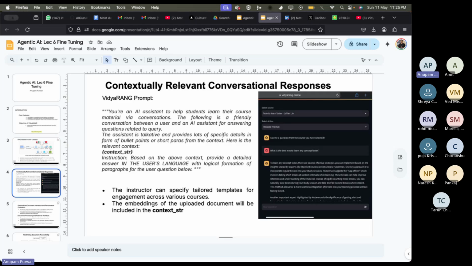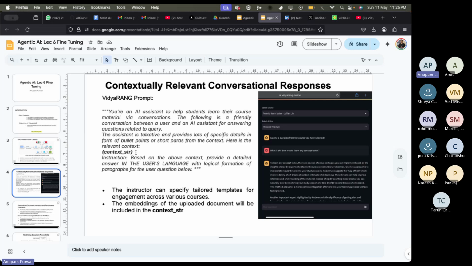So the first part is, suppose in this example they uploaded the book How to Learn Faster by Julian Lin. You upload it, then you ask a question, and it is able to respond. And this is the prompt: you are an AI assistant to help students learn their course material via conversations. The following is a friendly conversation.